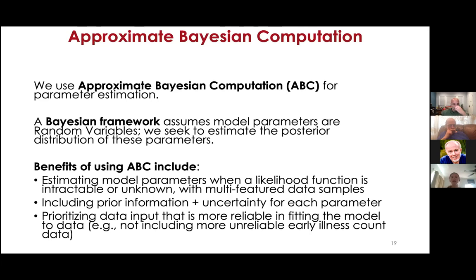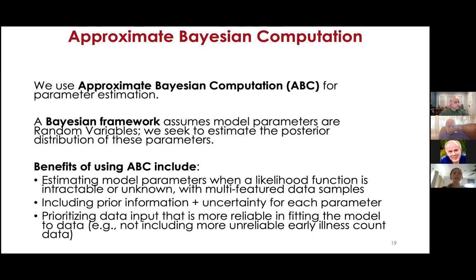We also bring in uncertainty through our estimates of parameters. I'll get to how we do that, but we use approximate Bayesian computation for parameter estimation, and this is a framework that allows us to bring in uncertainty through priors that we specify on each parameter.